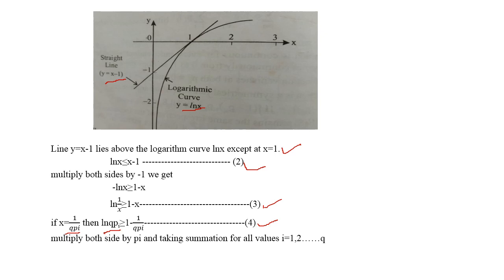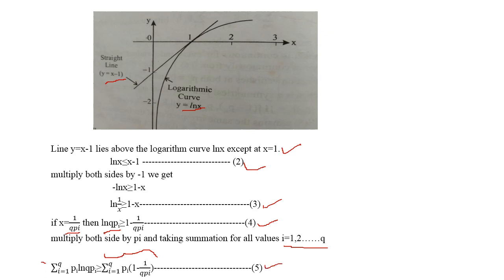Next we'll multiply both sides by Pi, and then we'll take the summation of all the values from i = 1 to Q. So we are going to get the equation summation i = 1 to Q of Pi ln Q Pi greater than or equal to summation i = 1 to Q of Pi into 1 minus 1 by Q Pi.